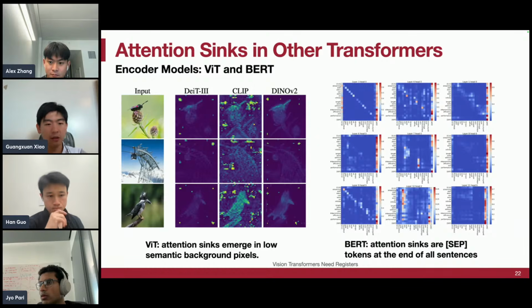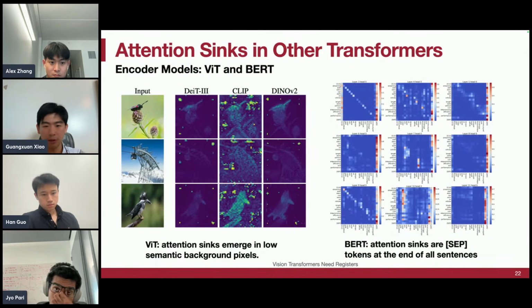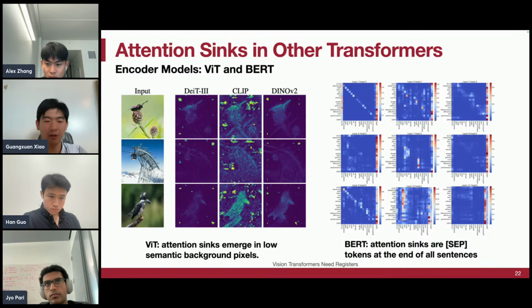So basically, the difference between ViT and BERT, I also introduced BERT, we'll talk about BERT on this page. ViT and BERT are bidirectional transformers, which means that the tokens can see each other no matter the positions they have.